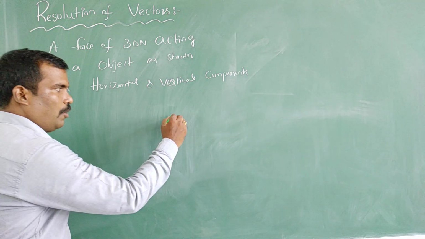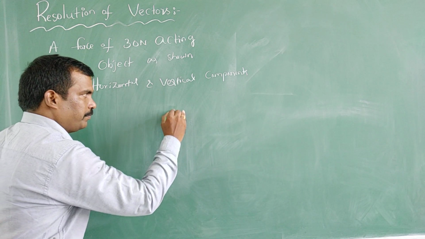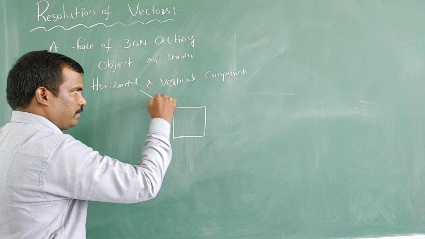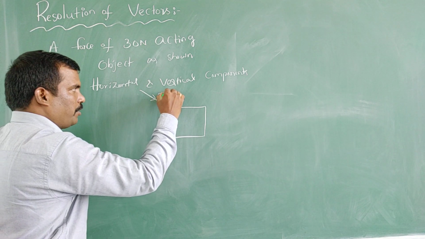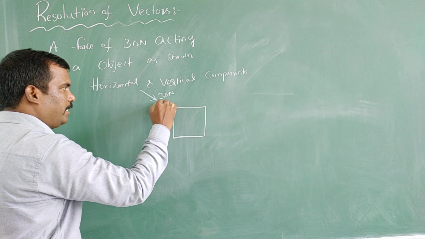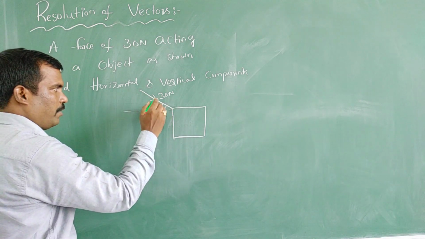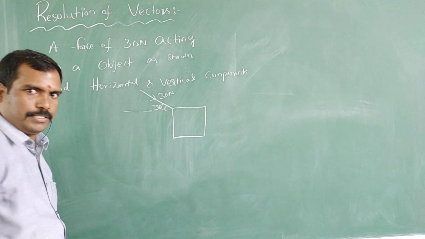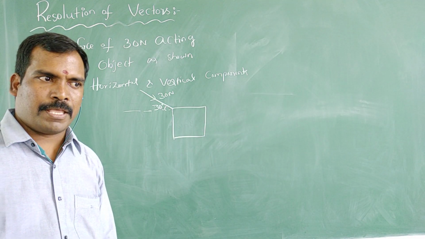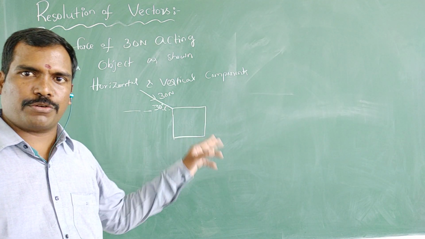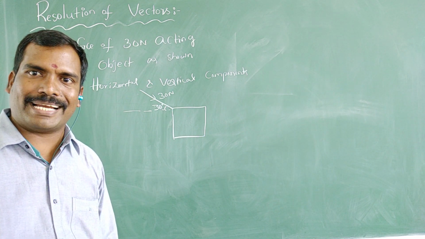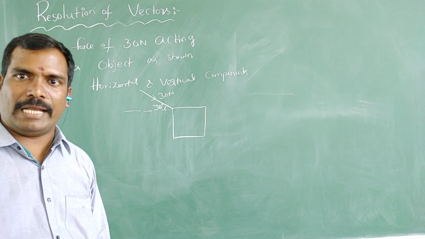How to find? This is the object diagram. Here the 30 Newton force is acting, making 30 degrees. Here we have to use resolution of vector. I want to calculate the horizontal component and vertical component. How to calculate?